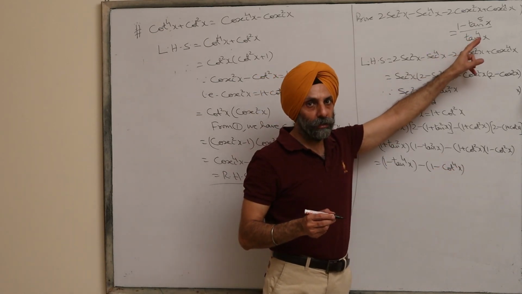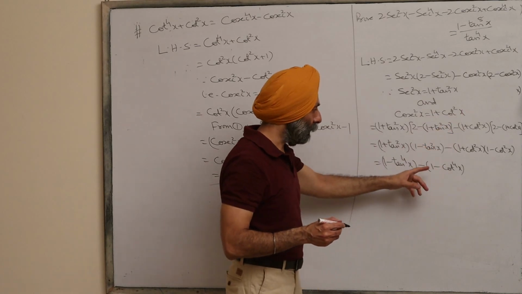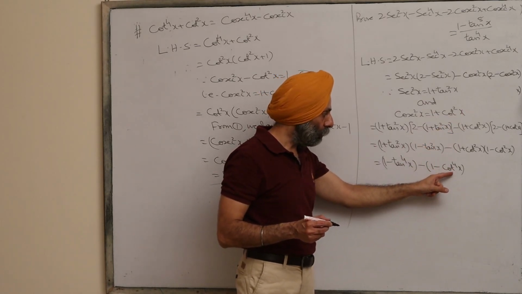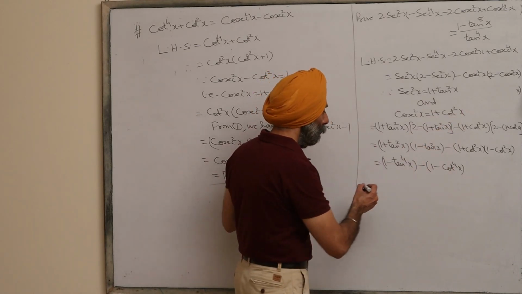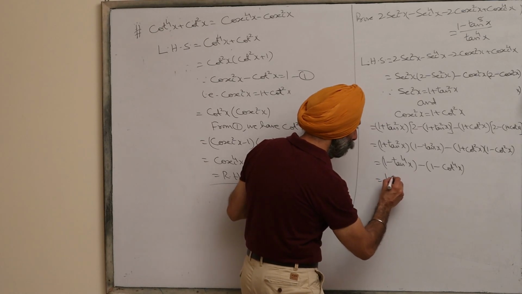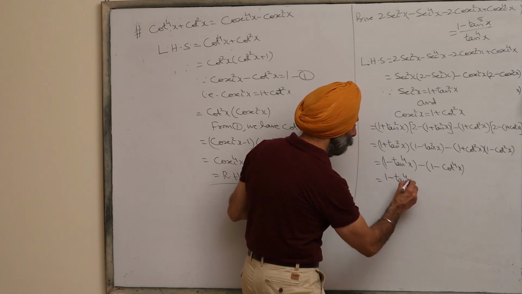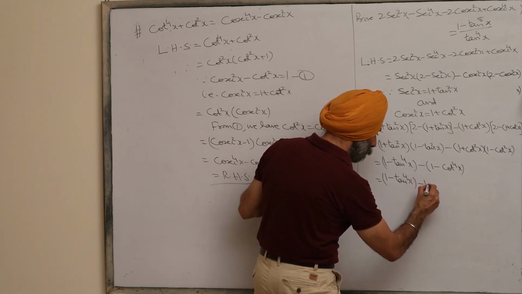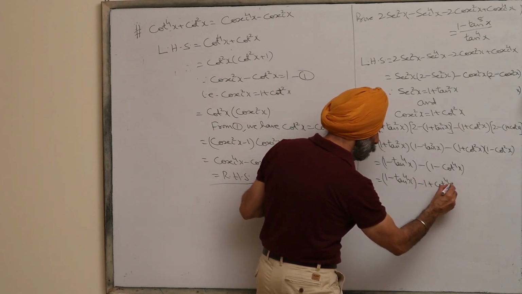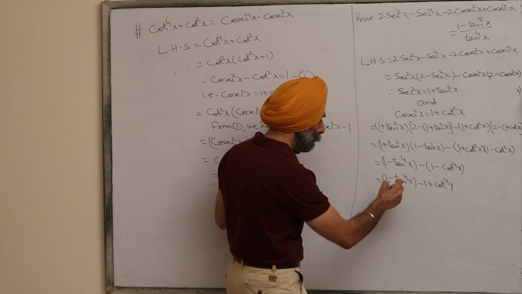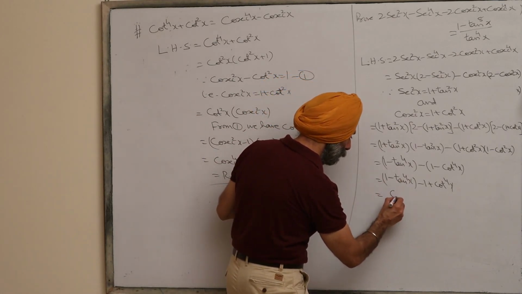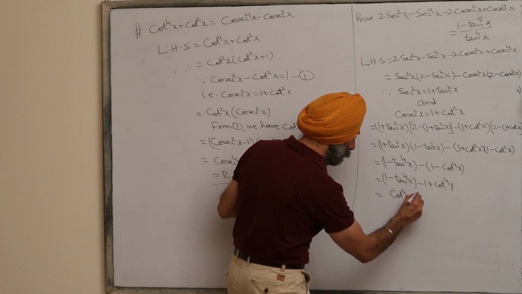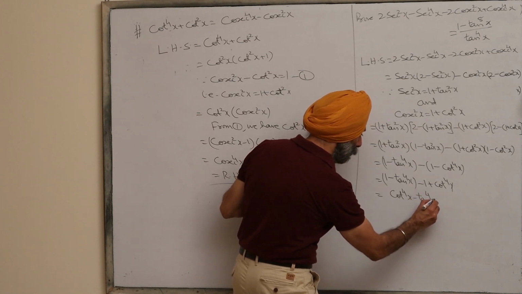Since the right hand side is in terms of tan, that means you need to change cot to tan. Now, can I write this as 1 minus tan 4x minus 1 plus cot 4x. So if you open the brackets here, you can see that 1 will cancel and we will have cot 4x minus tan 4x.